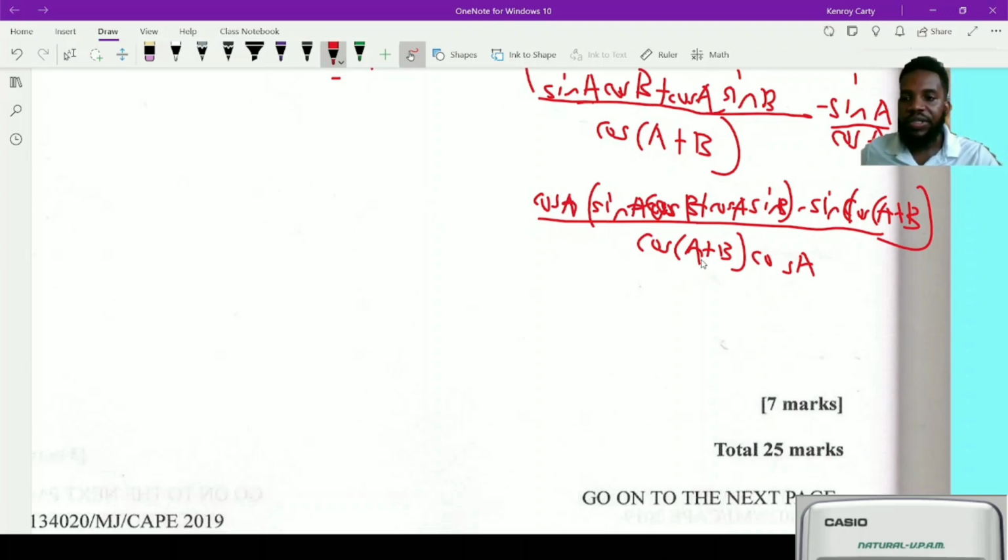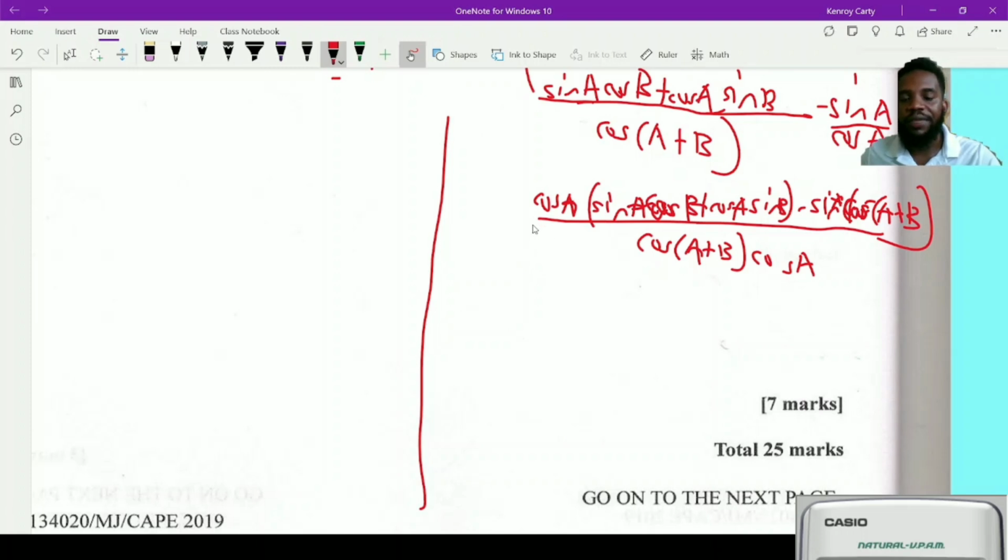The denominator is okay. It is the numerator that I need to work on. Let me write this properly right here. So this is sine A times the cosine. Good. Let me take it over to this side now.